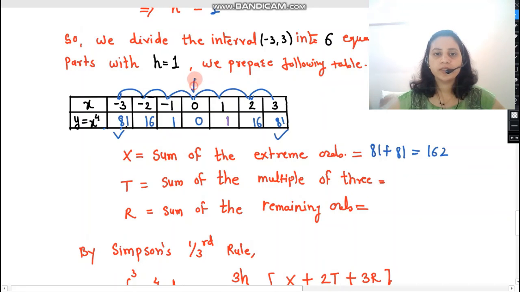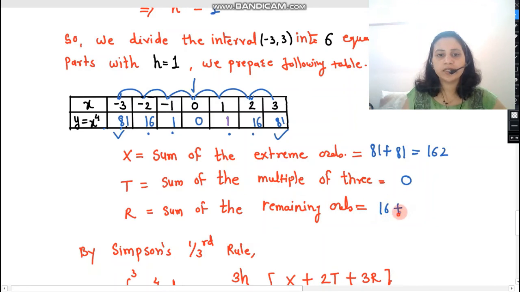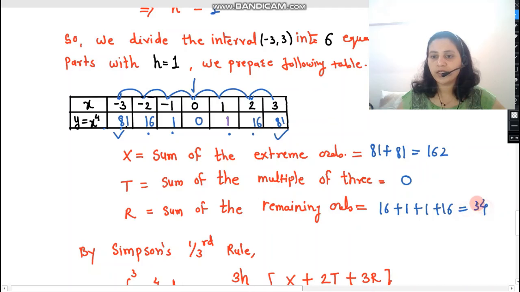So that means here 0, and the corresponding value for 0 is 0. So the sum of multiples of 3 is 0. Now we find out r, that means the sum of remaining ordinates, that is 16 plus 1 plus 1 plus 16, the corresponding values of minus 2, minus 1, 1 and 2. So this is nothing but 34.